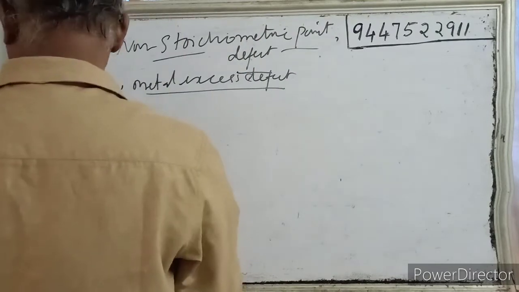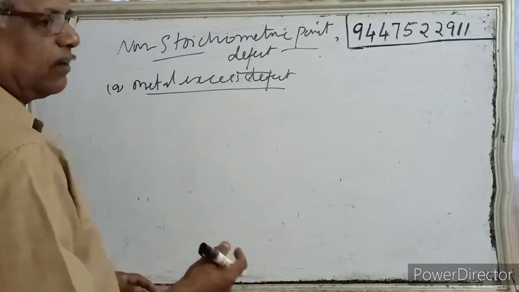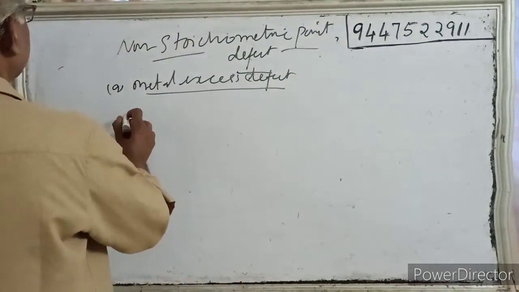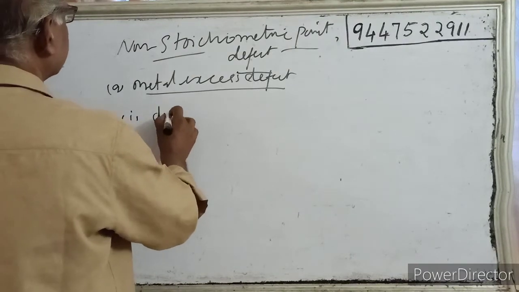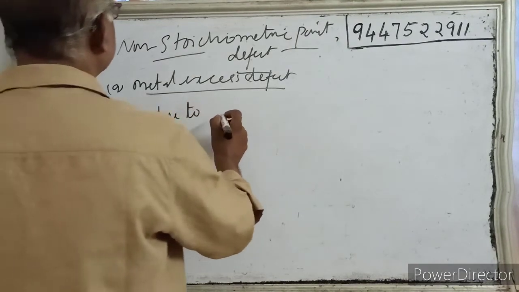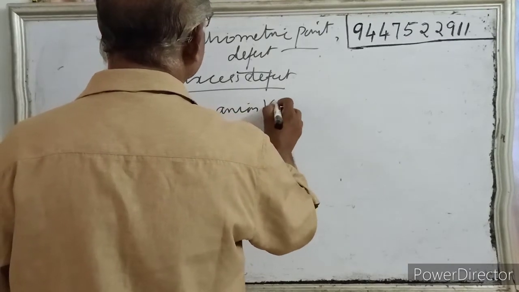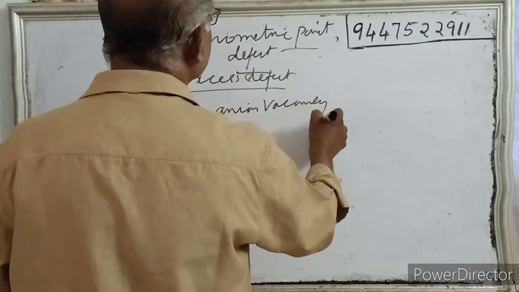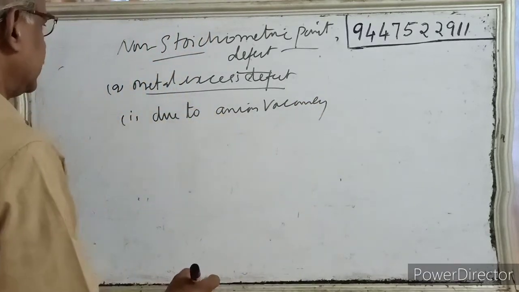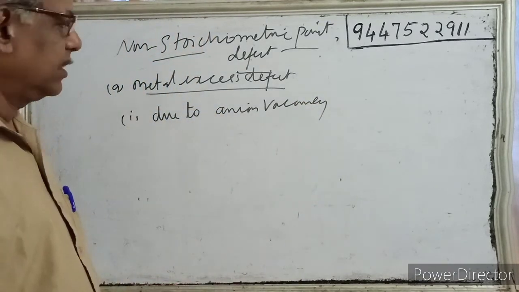The metal excess defect is again of two types. One is due to anion vacancy. Due to anion vacancy, there will be metal excess defects.